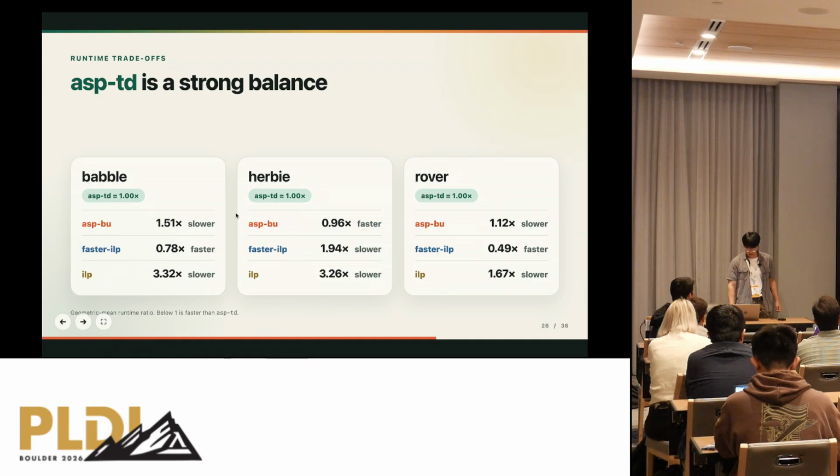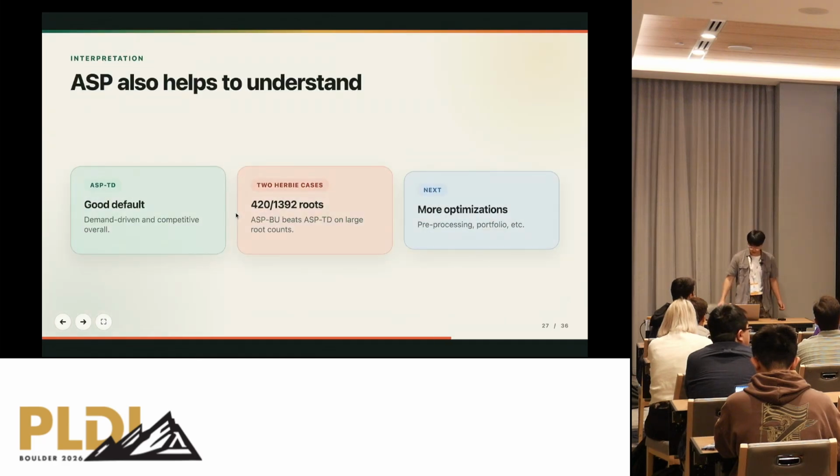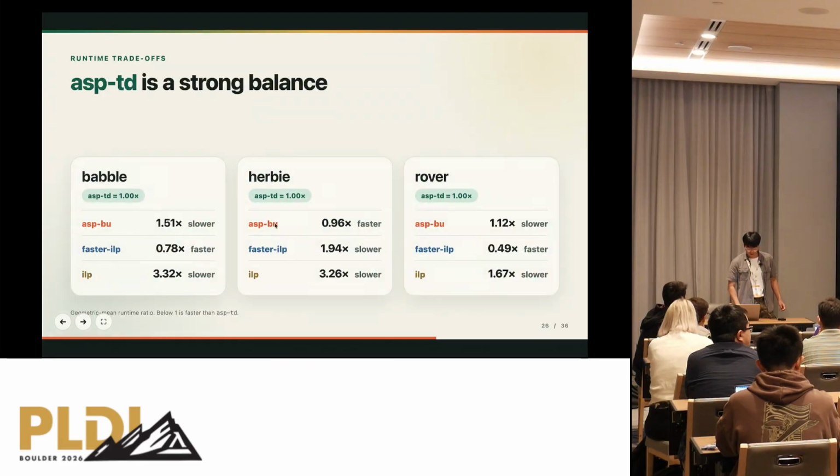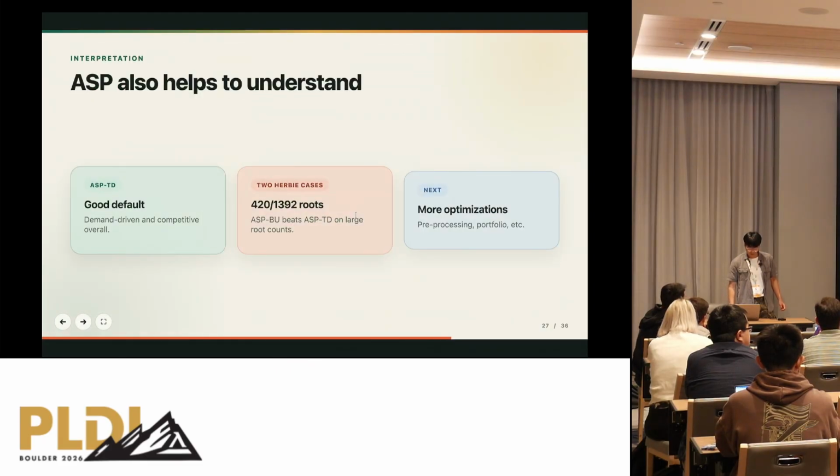And there's some really interesting case study when we try to explore the outliers, because as you can see, here the bottom-up one has a better optimal result, but overall it's slower. So here's my personal understanding of what's happening. These 2 bottom outliers have a lot of roots in the e-graph. If you think about how CDCL works in SAT, it also happens in ASP.